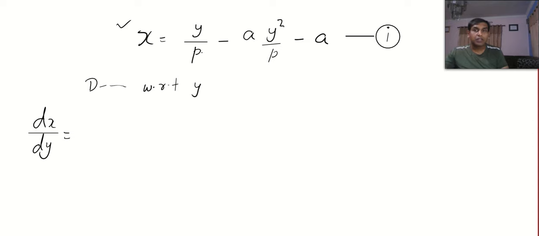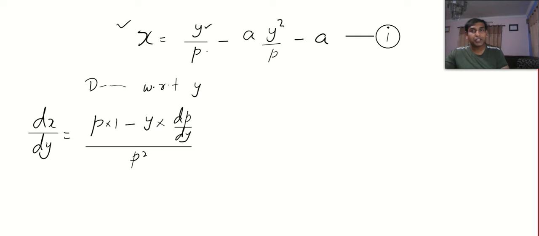Now we have to apply u by v rule. What should we do? We have to apply u by v rule. So denominator, what is the derivative of y with respect to y? Yeah, 1 minus y into dp by dy, the whole divided by p square. I hope you remember quotient rule. Minus a is a constant, and again we have to apply u by v rule.